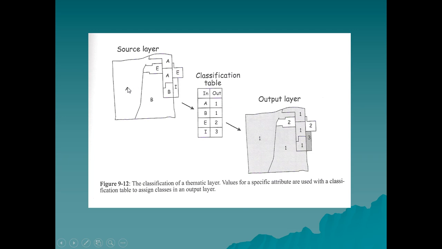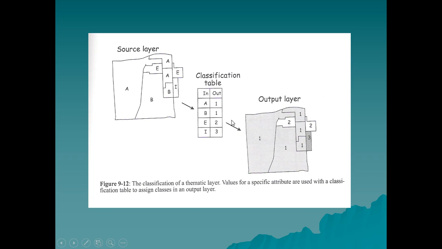We have different polygons labeled A, B, E, and I. Now what we've done, we've reclassified them. So now we want to call all the polygons A and all the polygons B 1. We haven't really made much change to the others, but since we're using numeric assignments, the rest would be 2 and 3.